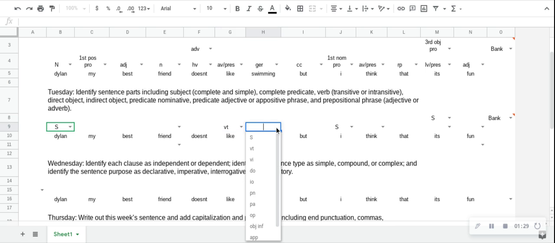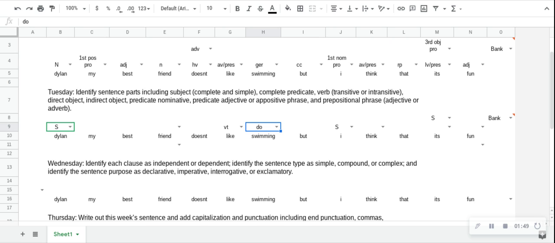There you go. Good. Well done. We're starting to get this. Swimming is our direct object. Okay. Dylan likes swimming. He actually doesn't, but that's not what they're trying to say.